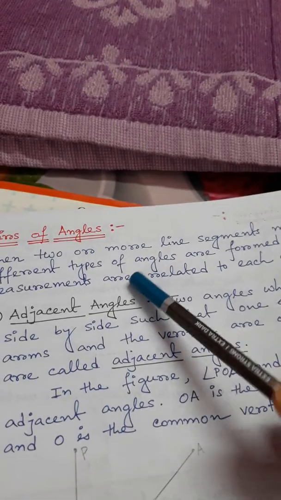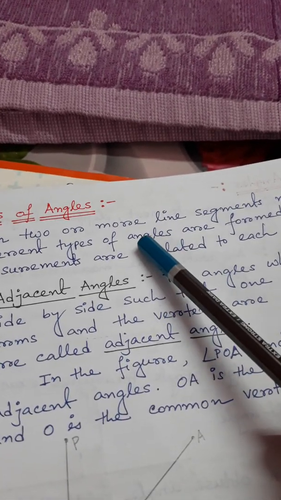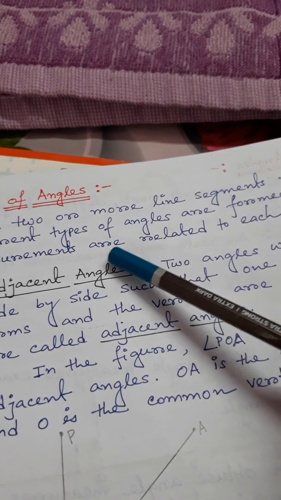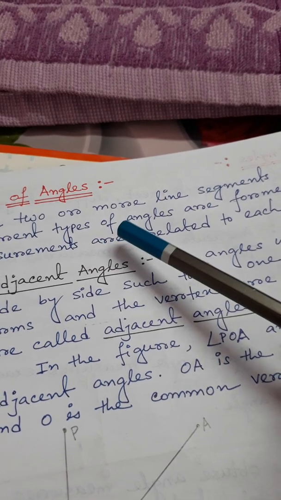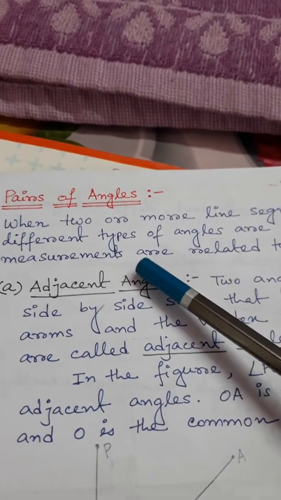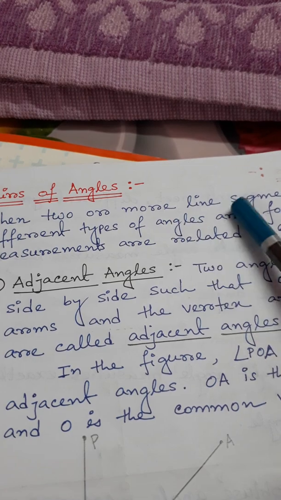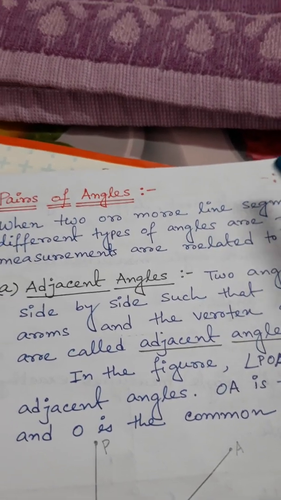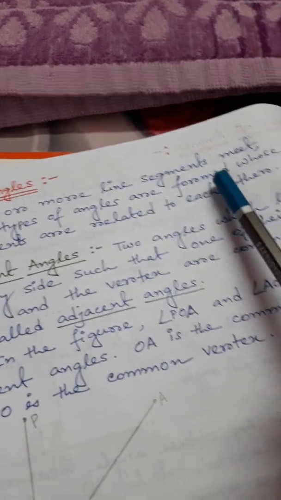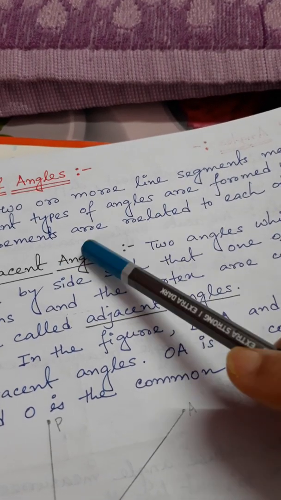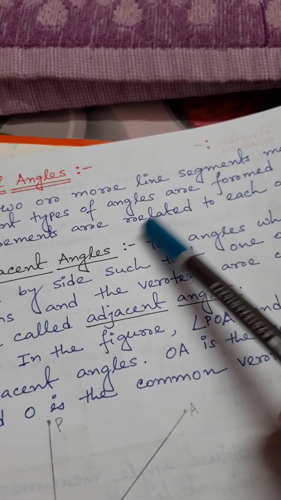You know that when two rays with a common endpoint meet, an angle is formed, and an angle is also formed when two line segments meet or cross each other. So let's see what the relation between those angles is.